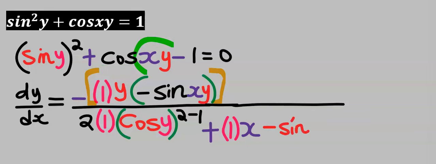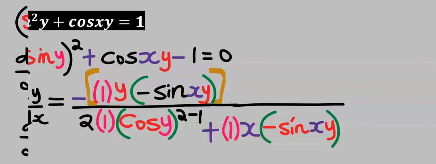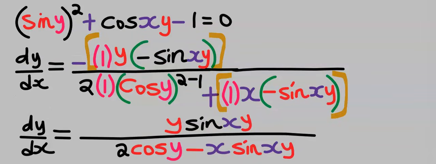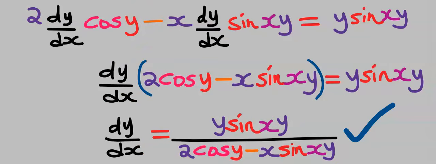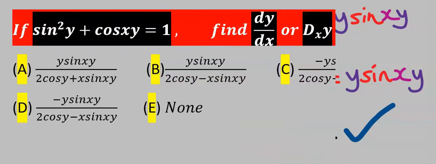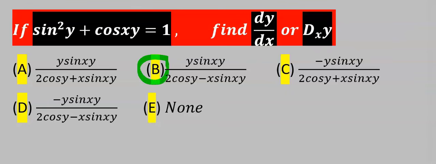Next, you recopy back xy in front of the cosine. Next, we simplify our result. Solving carefully, this is our dy dx using the shortcut method, which is the same as we obtained earlier. From the options, our answer is B.